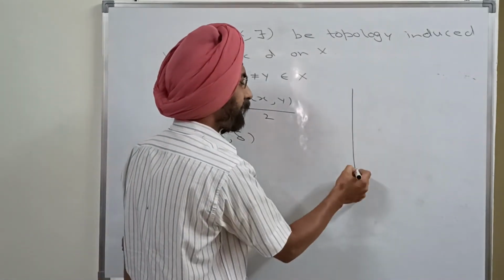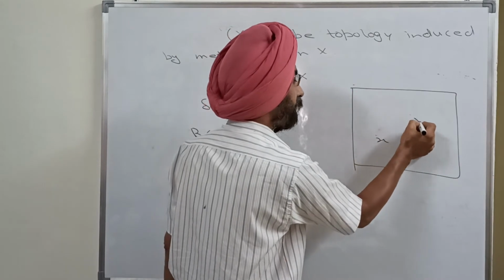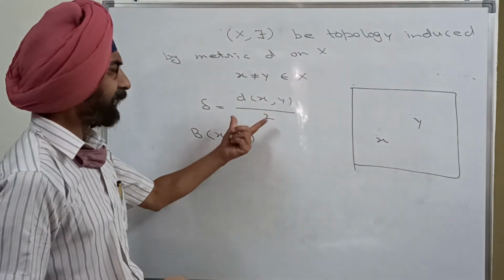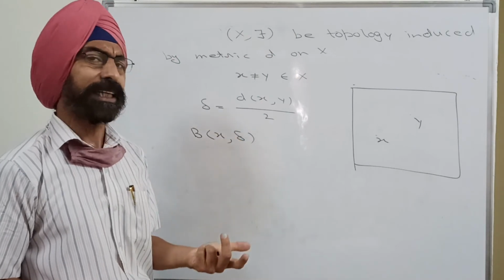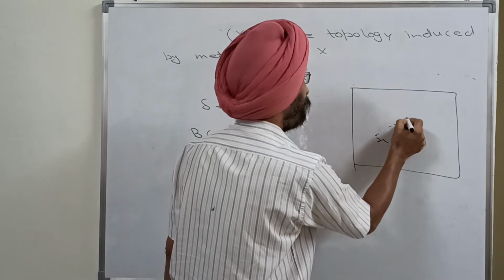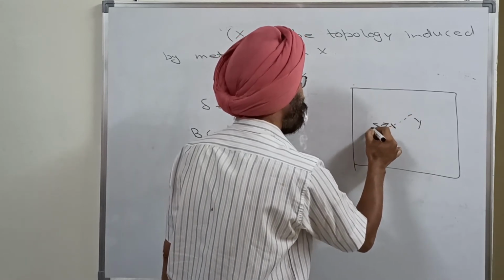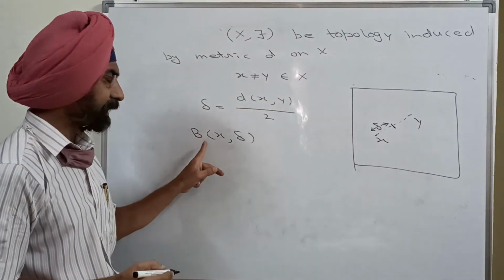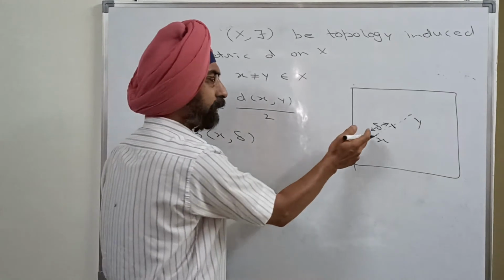Diagrammatically, you can see what we are going to do. There is x, there is y, and d(x, y) is nothing but the distance between x and y. So this is your d(x, y), and we have taken half, and now we have taken this delta, and now we are considering this ball. You can take delta by 2, that will also work. So I am taking B(x, delta).